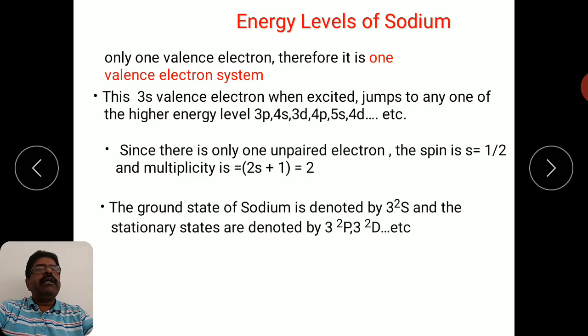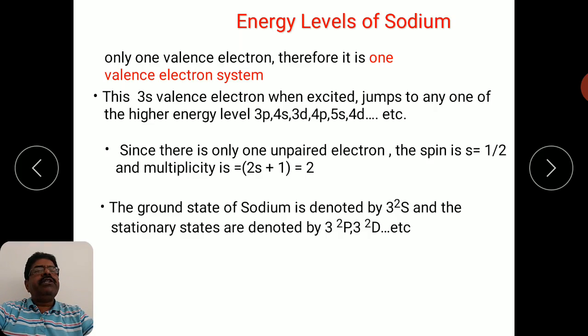So this ground state of sodium atom, in spectral notation, can be denoted by 3 doublet S. 3 stands for the n value, that is principal quantum number or shell number. So 3 doublet S. This doublet or 2 represents the multiplicity, and S represents the term or the level value here, ground state level, 3s electron.